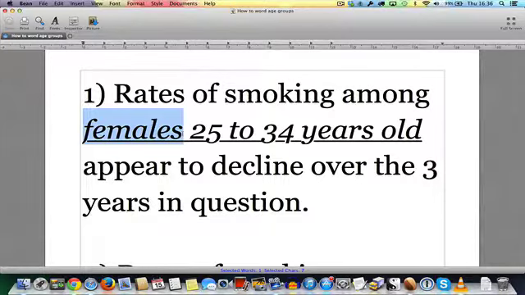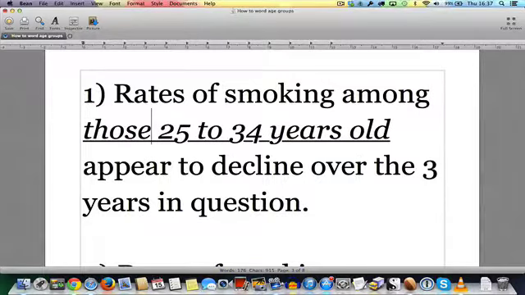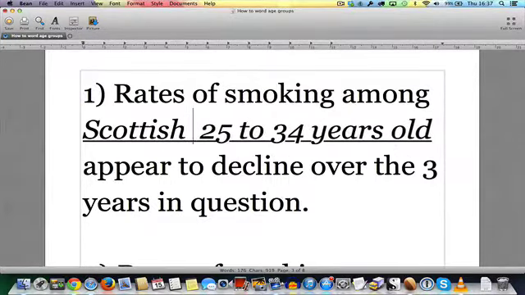So I could say rates of smoking among women 25 to 34 years old. Or if I had made reference to Scottish women perhaps in the sentence prior, I could say those. So rates of smoking among those 25 to 34 years old. And I could dress this up a little bit. So I could say Scottish females.